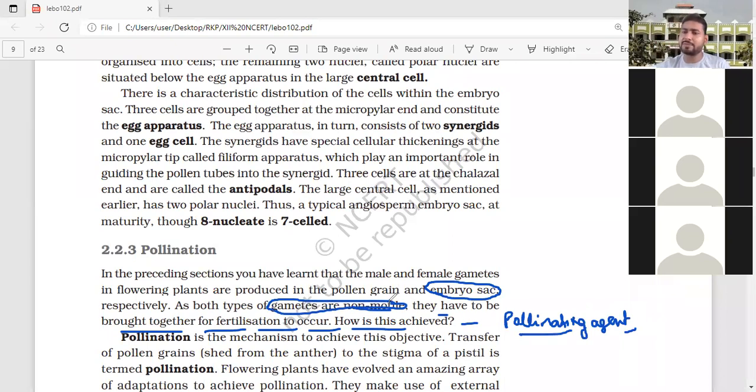Another thing they have given is that gametes are non-motile. What we have seen up to gymnosperms, the gametes are motile. Can you tell in algae? In algae the gametes are motile. Are these gametes uniflagellate, biflagellate, multiflagellate, or none of the above, no flagella, aflagellate?